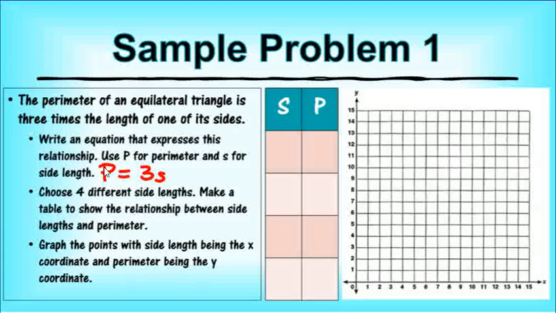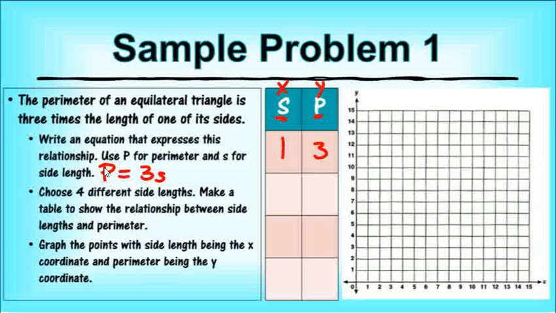So over here, you can see I have S, which is your x, and P here being your y. We need some side lengths. So let's just say that one equilateral triangle side length is 1. If each side is 1, 1 times 3 gives me 3.